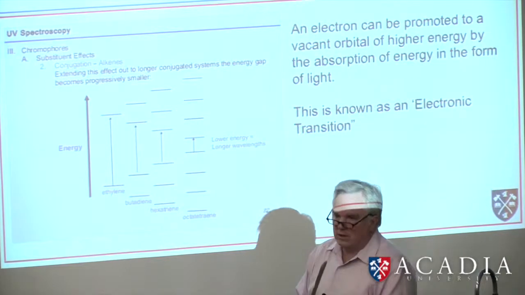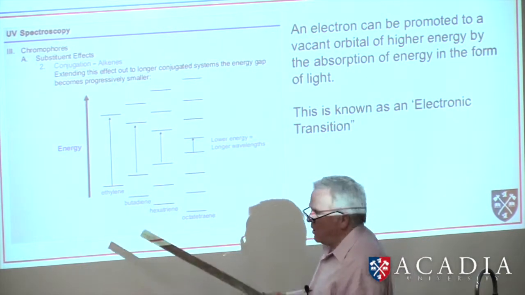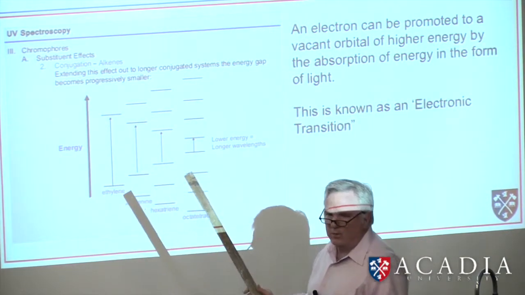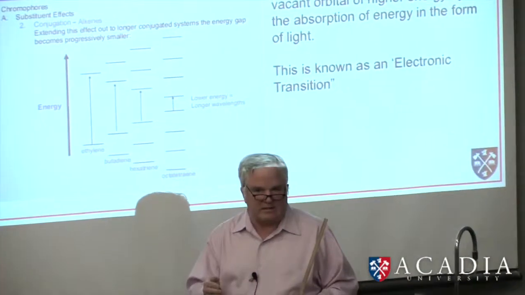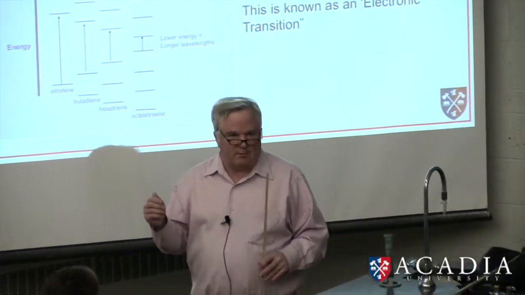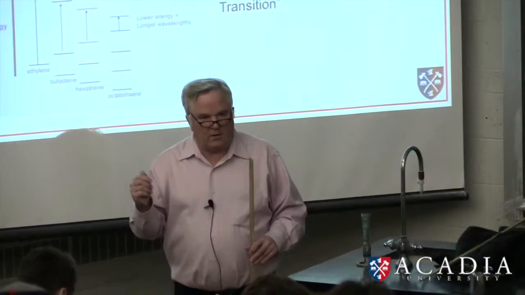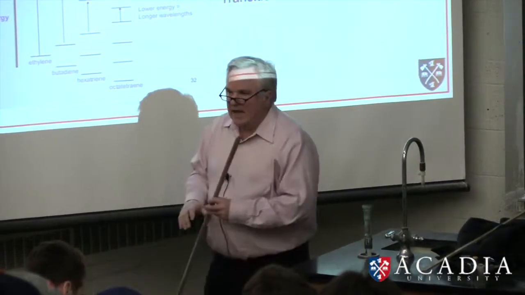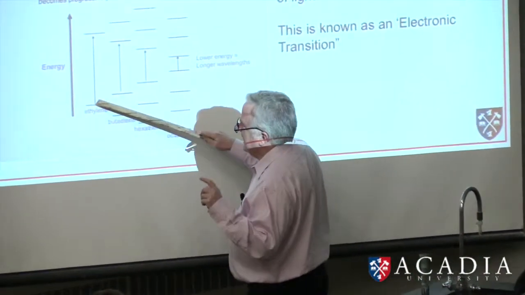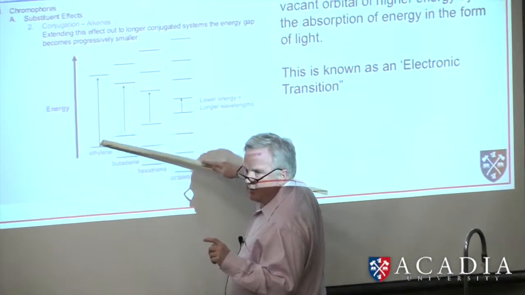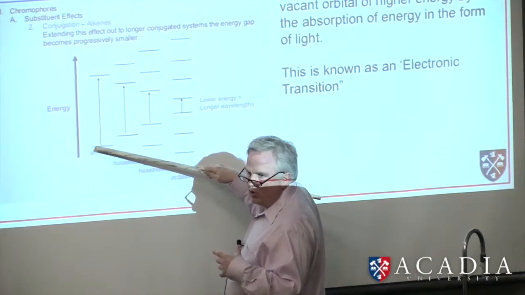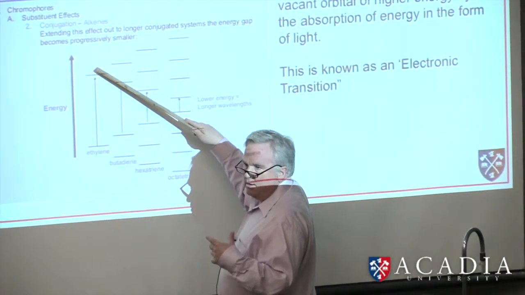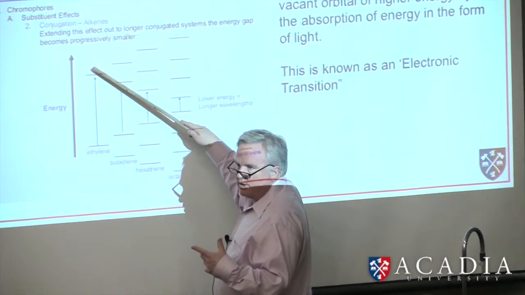We can promote an electron from a lower orbital to a higher orbital by putting energy into the system. Typically, we do this in the form of light. That light has to have exactly the same energy to match the gap between the lower orbital and the higher energy orbital that you're promoting the electron to.